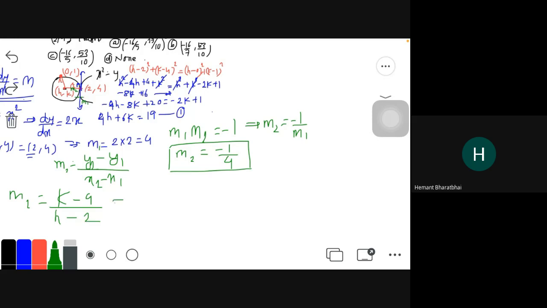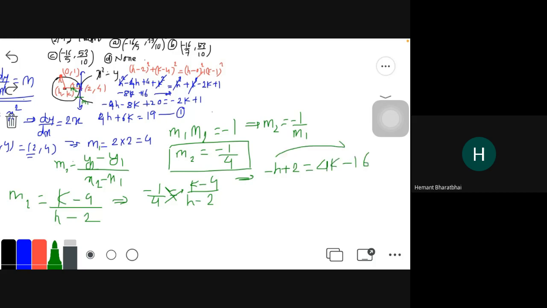So from here m2 I've got as minus 1 by 4. So minus 1 by 4 is equal to k minus 4 upon h minus 2. So this goes over here, this comes over here. So I'll get minus h plus 2 is equal to 4 into k, so that will be 4k minus 16.